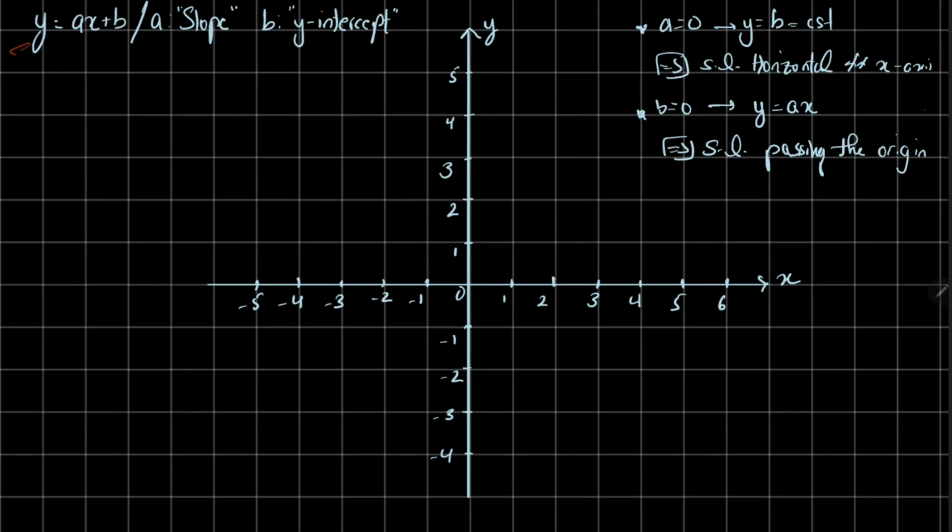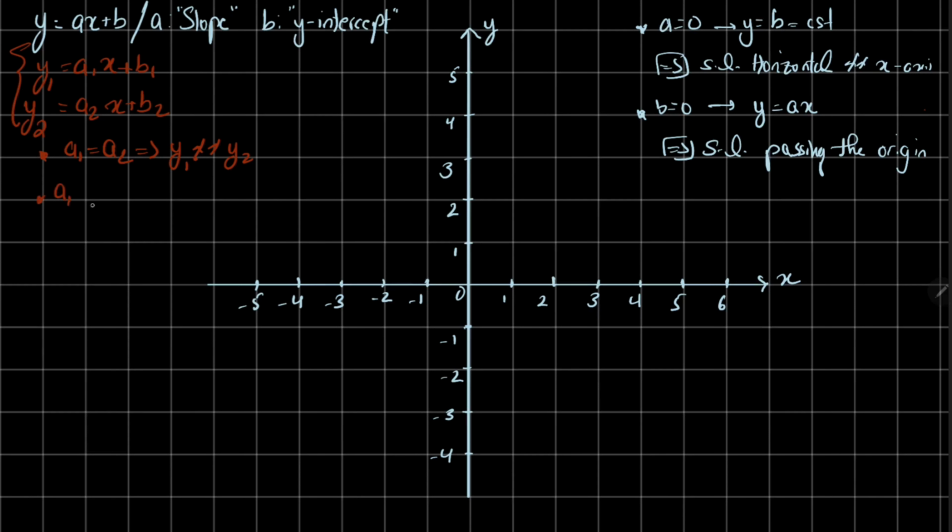Let's now take another condition. Let's take two functions, y1 equals a1x plus b1 and y2 equals a2x plus b2. If a1 equals a2, then y1 is parallel to y2.